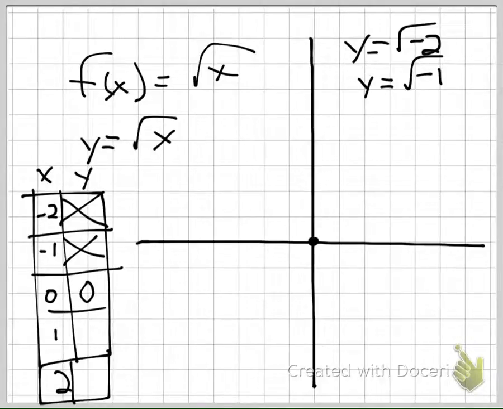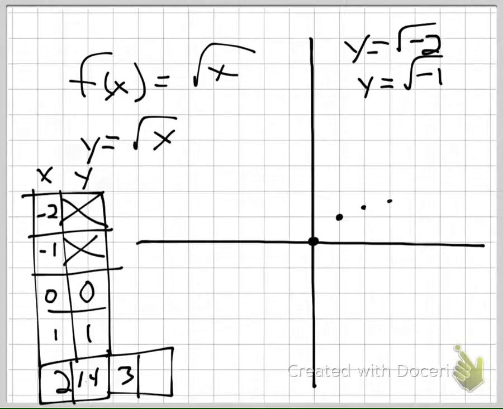It's 1, 1. And what if x was 2? What's the square root of 2? 1.414, so 1.4, that would go right about there. Let's jump down to 3. What if it was 3?